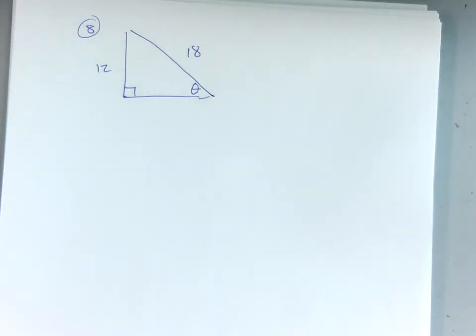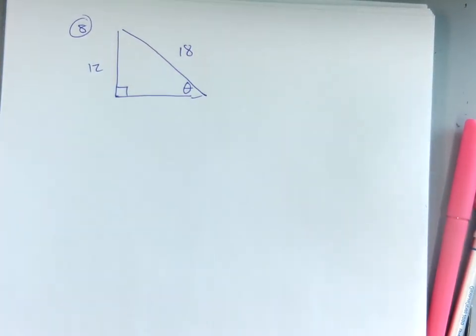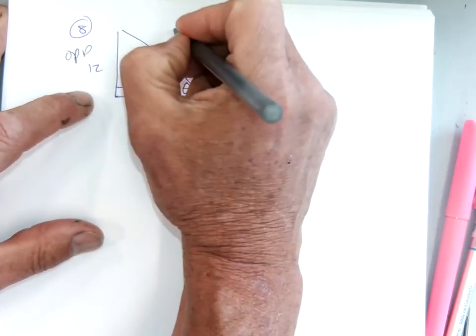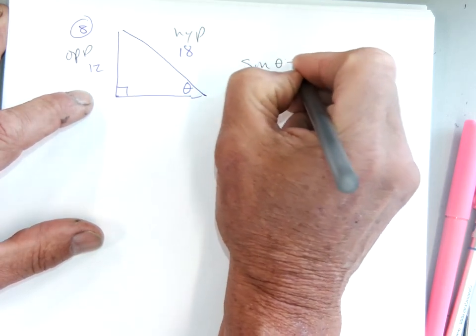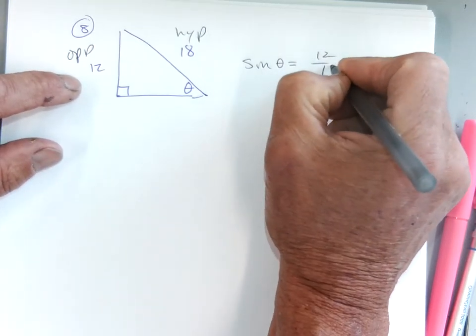Looks to me as if we're going to have opposite over hypotenuse, right? So I'm going to set up my sine. So I go sine, there's my opposite, there's my hypotenuse. Sine of theta, opposite over hypotenuse, which is 12 over 18.